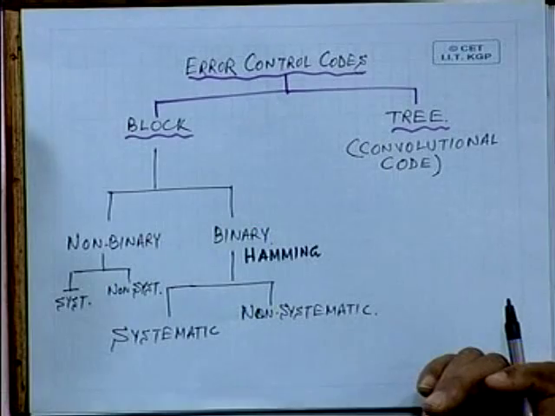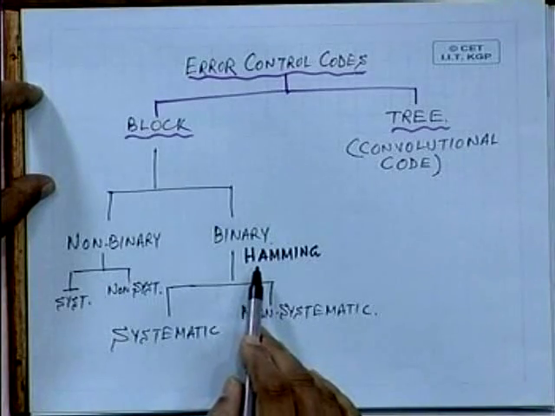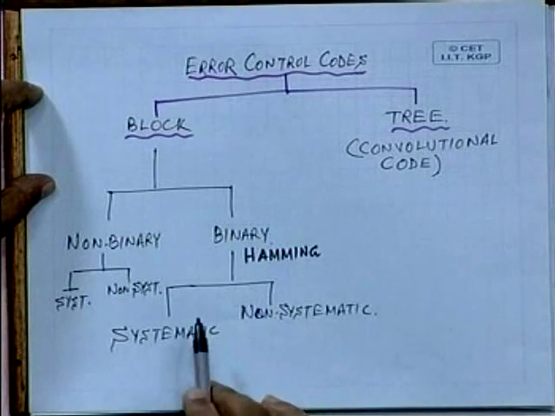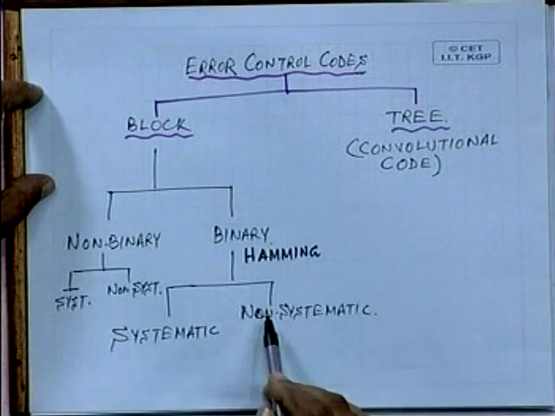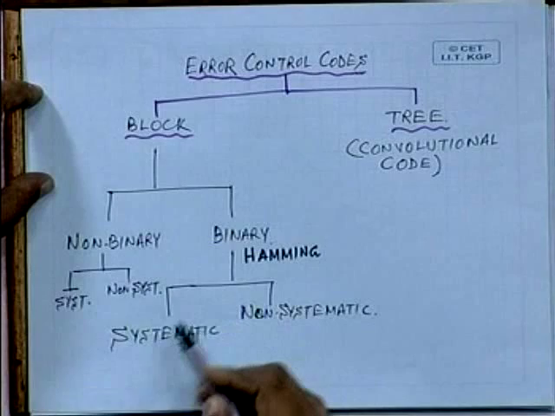In fact, nowadays all binary codes which correct one error in one block of n bits are in general called Hamming code, and the code may be systematic, it may be non-systematic. That is why I am giving the example here. Original code due to Hamming was non-systematic, but there is an equivalent systematic version also.